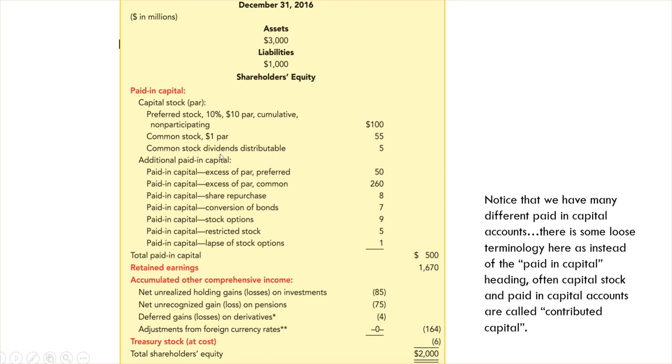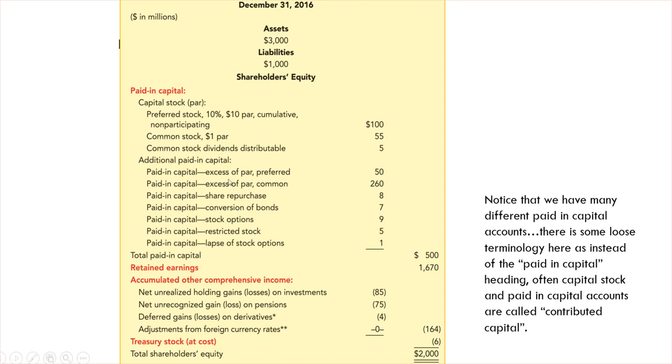This common stock dividends distributable means that they have dividends in the form of stock that are going to be distributed but have not yet been distributed. When these stock dividends are distributed, there will be more shares of stock. And so it's just a timing issue there.